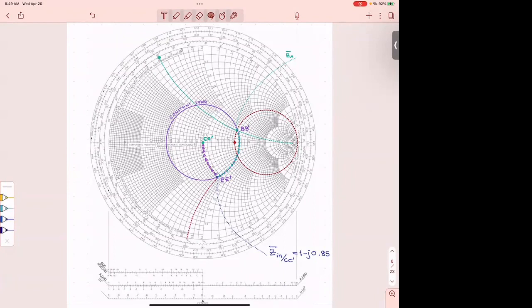So as I'm moving on the green with the green arrows and as I'm coming around, the only one that is going to get me there at the center is this circle that goes through the center of the Smith chart. And therefore, as soon as I hit it at E E prime, then I'm going along this circle and I'm going to C C prime.